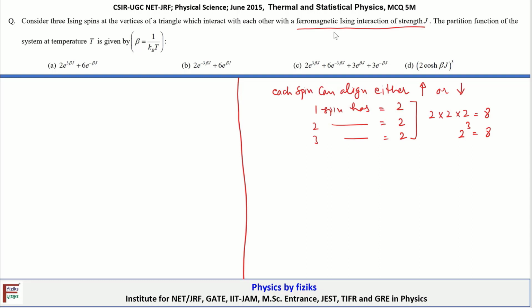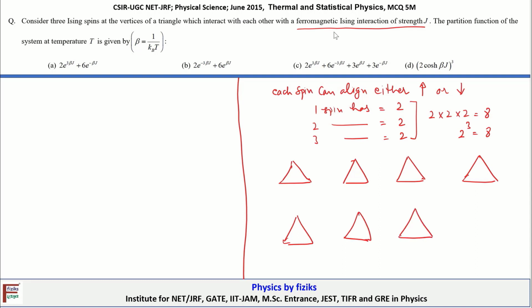So now let's try to figure out all those arrangements. I'm drawing a triangle, and then we are going to place the spins on these triangles. Because we require 8 configurations, 1, 2, 3, 4, 5, 6, 7, and then 8.